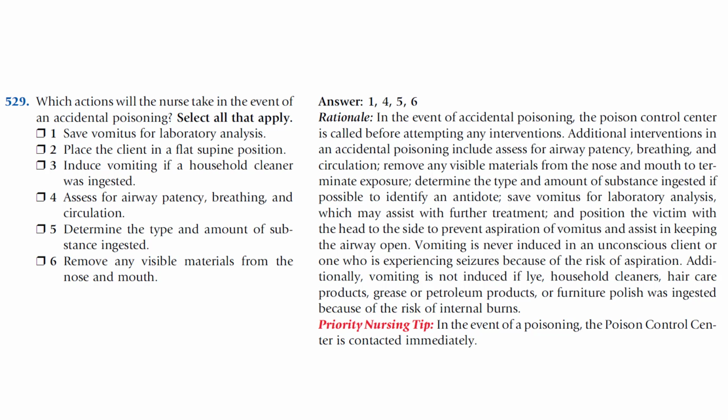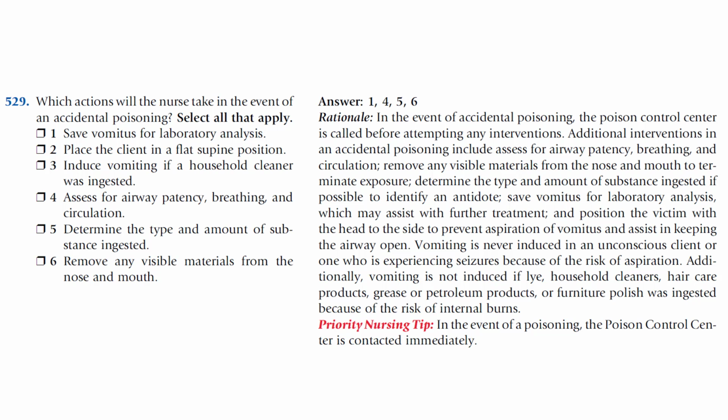Answer: 1, 4, 5, 6. Rationale: in the event of accidental poisoning, the Poison Control Center is called before attempting any interventions. Additional interventions include assessing for airway patency, breathing, and circulation, and removing any visible materials from the nose and mouth to terminate exposure.